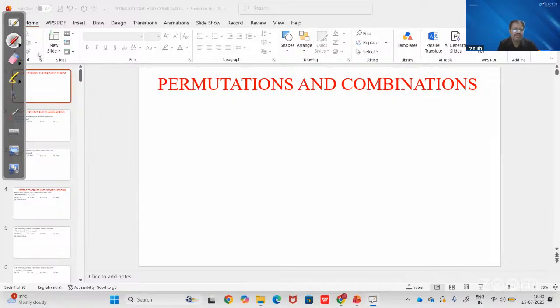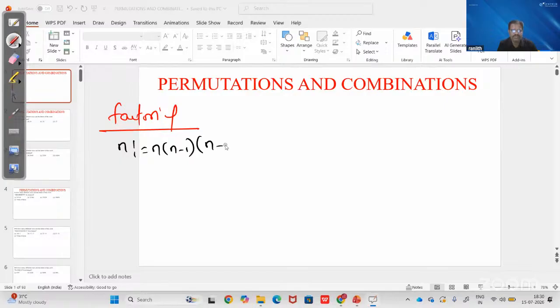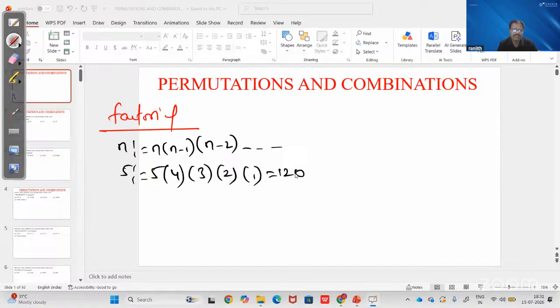Next, n factorial equals n into n minus 1, n minus 2, and so on. 5 factorial equals 5, 4, 3, 2, 1, which is 120.